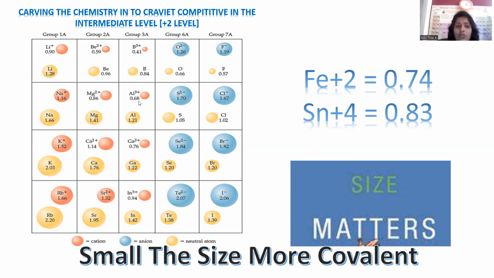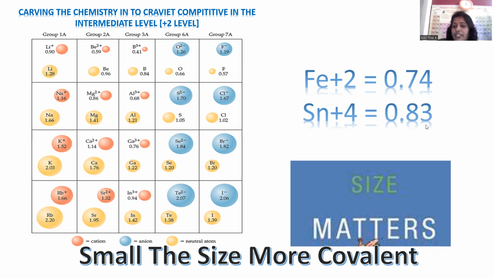It is lesser only. If you compare the remaining two cations also, one is iron +2. When ferrous was taken, its radius is taken as 0.74. 0.74 is next to 0.86, right? So tin +4 is 0.83. If tin +4 is 0.83, if you go for tin +2, still the size will increase, because the larger the positive charge, the more the shrinking in size.